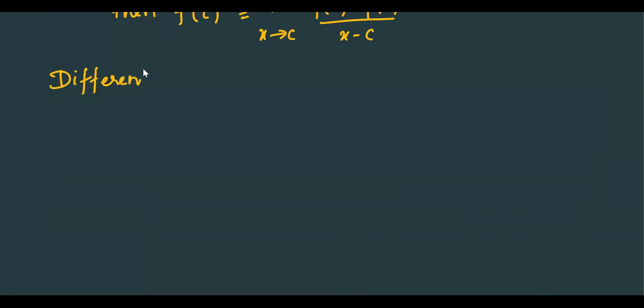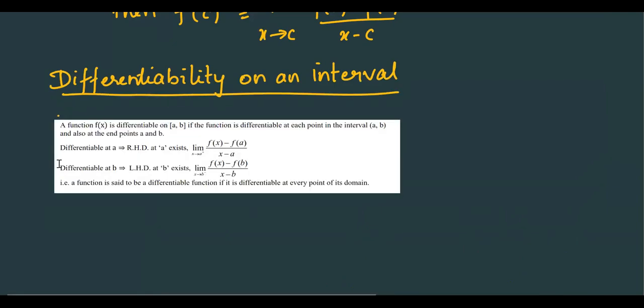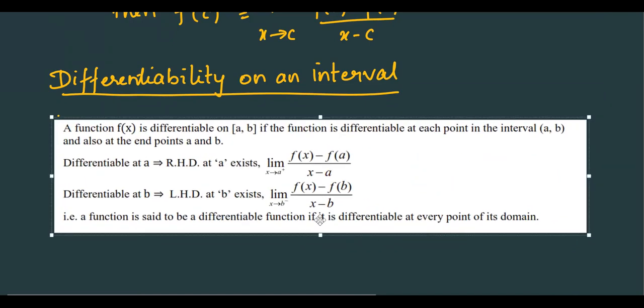Differentiability on an interval. A function f of x is differentiable on AB if the function is differentiable at each point in the interval and also at the endpoints.